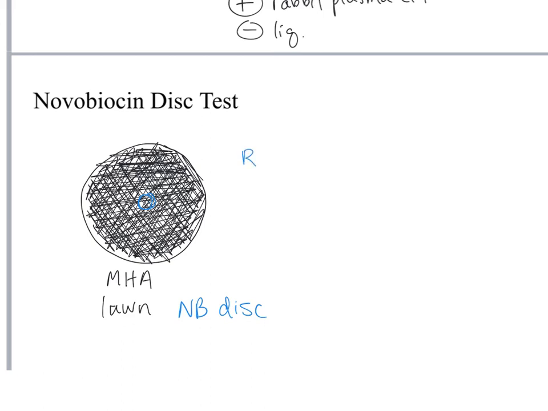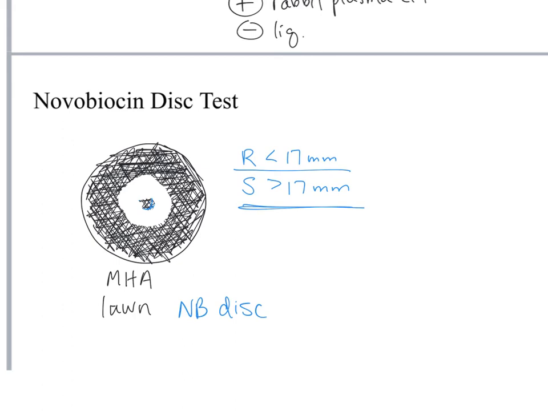Actually, resistance is defined as the zone being less than 17 millimeters. So 17 is pretty big, and it's sensitive if it's greater than 17 millimeters. So again, one of our staphs is totally resistant. The other staph has a great big zone around it. After we finish, we'll pretend there's a great big zone around there.